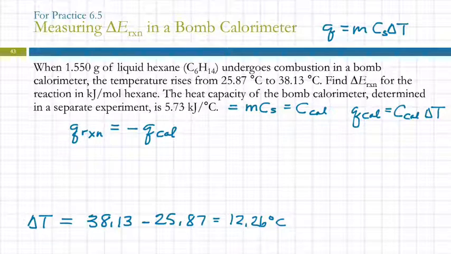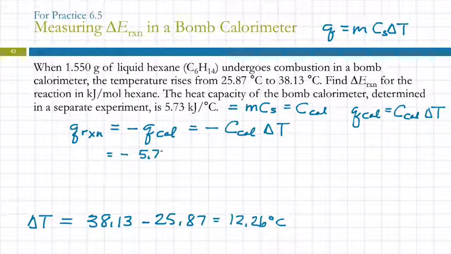So Q reaction equals negative Q cal, so that's negative C cal delta T. Well, we know what C cal is, because they gave that to us. We still need that negative sign in there. 5.73 kilojoules. Write this as a vertical fraction so that you see that degree C is in the denominator.